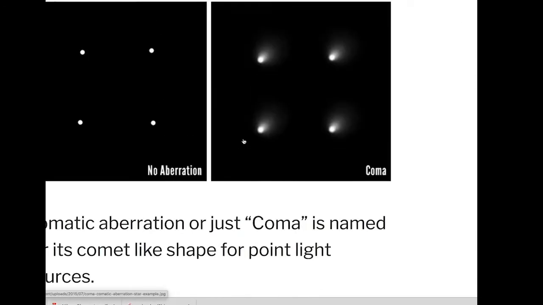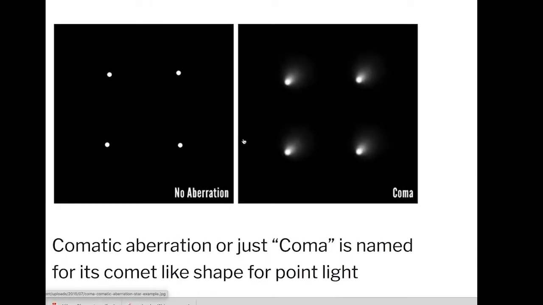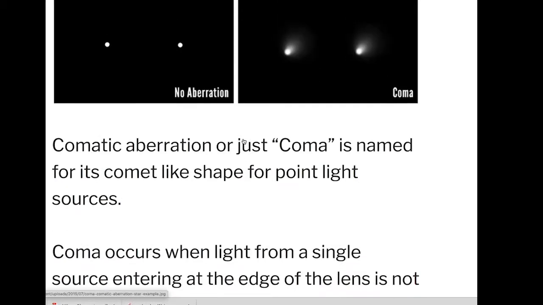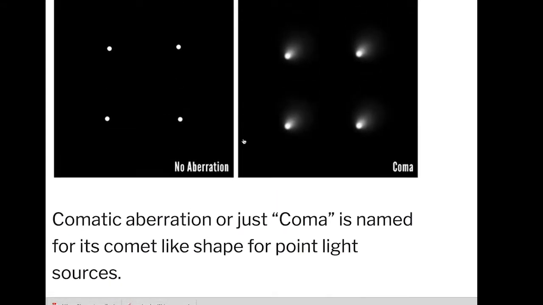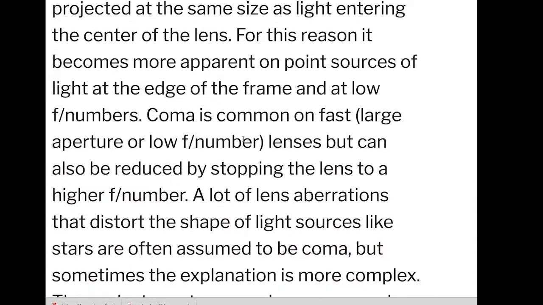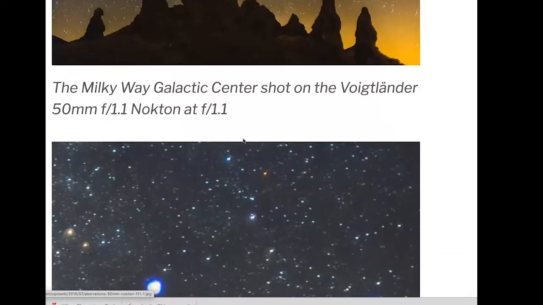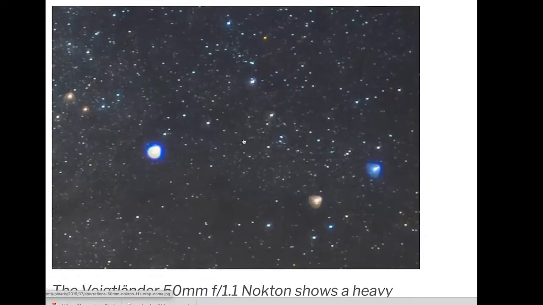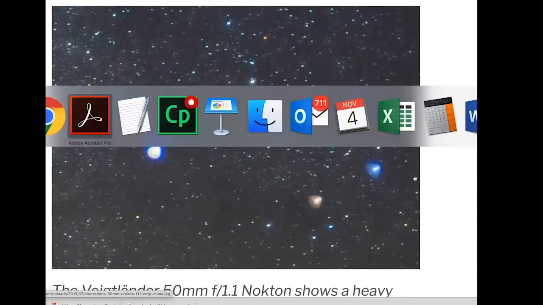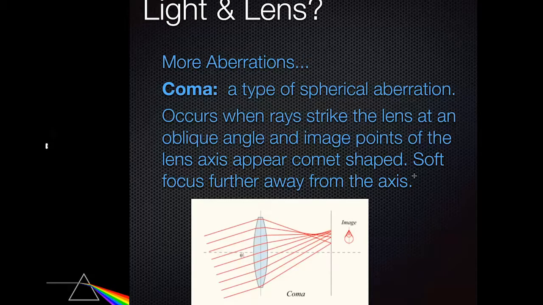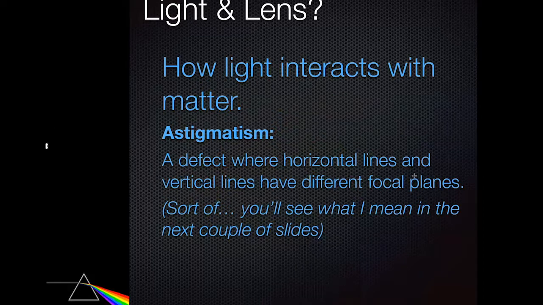There's some examples of kind of what you would see. Now this isn't stars. This is something from a test chart that he has, but there's kind of what it looks like right there. And here's one of his astro or night shots. And you can kind of see some of the effects of coma. Anyways, let's get back to our keynote here.